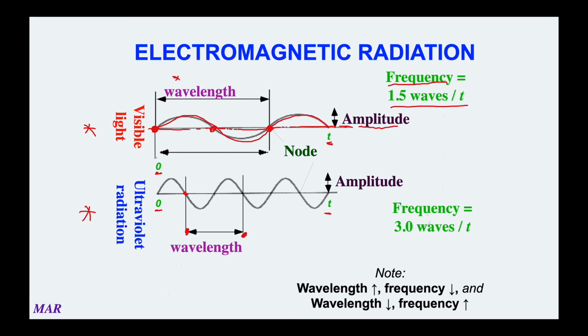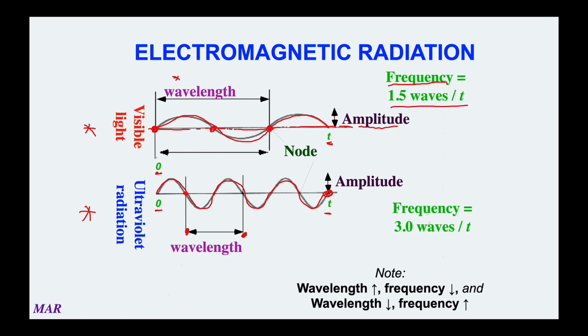Now, the ultraviolet, on the other hand, has one wave here, it has two waves there, and it even has three waves. So the frequency of this wave is 3.0 waves per unit time, or if time is seconds, 3.0 waves per second. And that's an interesting thing.